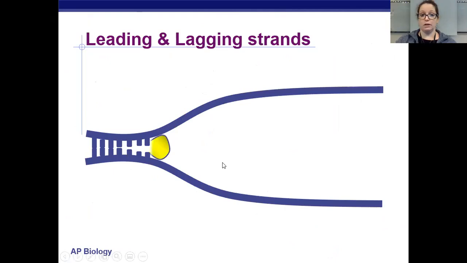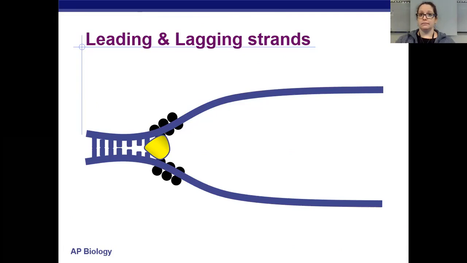So let's look at the big picture of your leading and lagging strands. Whoa, it's going faster than I thought. This yellow guitar pick shaped doodad, who is this? He's unwinding the DNA. Good, this is helicase. And then these black dots, they were blue earlier.